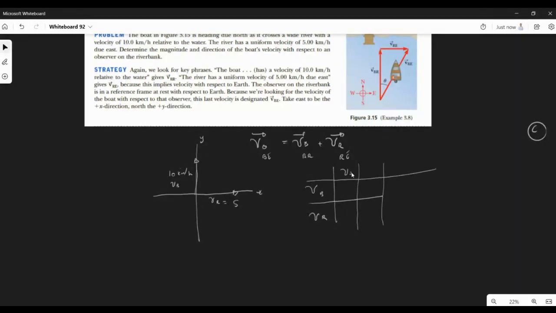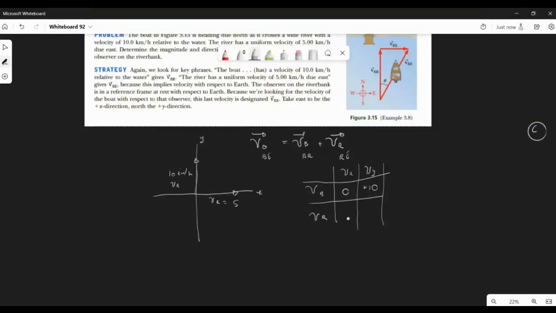So we have Vx and Vy, the same components as the forces. For the boat, do we have an x component? No, exactly, so we put 0. Do we have a y component? Yes, and make sure it's plus 10.